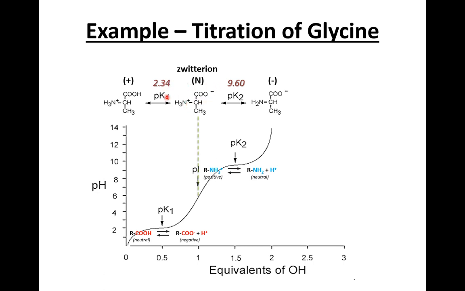At this point, all of your amino acid in this solution, at this specific pH, will be in the zwitterionic neutral form. Hence, this is your isoelectric point.